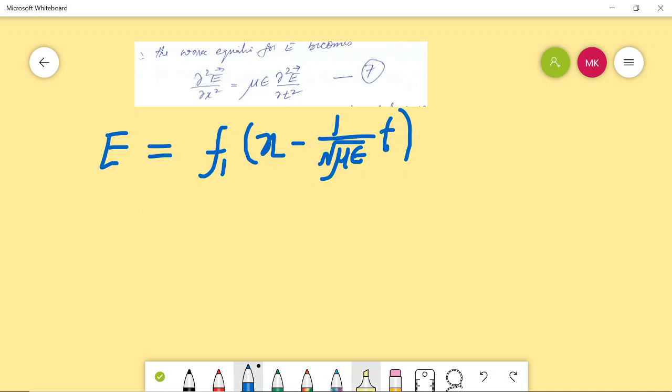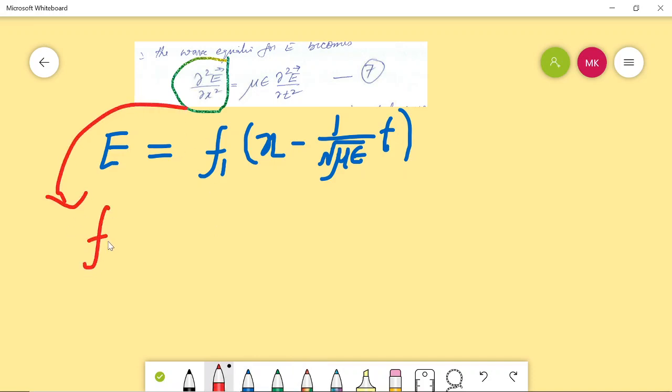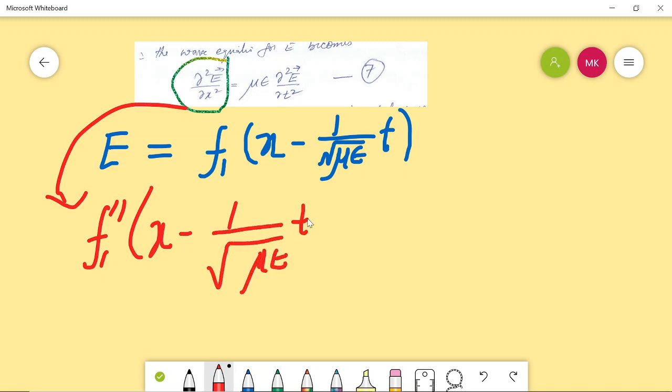You can verify. If you take the double derivative of E with respect to x, what will you get? You get the double derivative of f1 at x minus 1 over under root mu epsilon t.